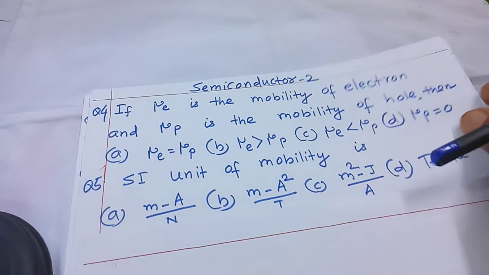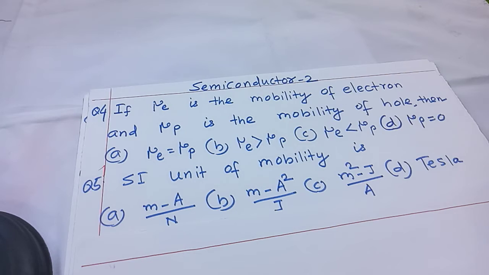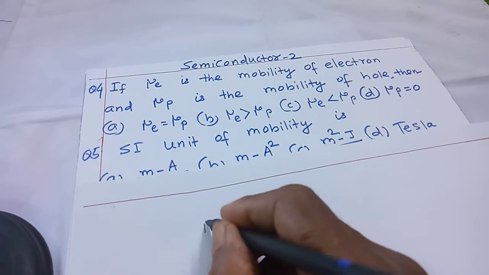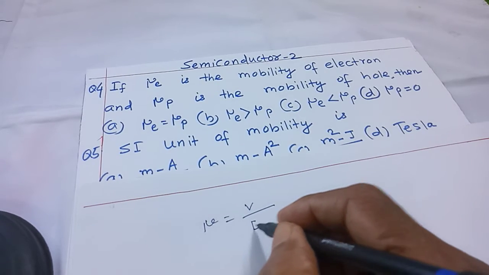Now the next question is: the SI unit of mobility is meter ampere per Newton, meter ampere square per Kelvin, meter square joule per ampere, or Tesla. Now we know mobility is equal to drift velocity by intensity of electric field.